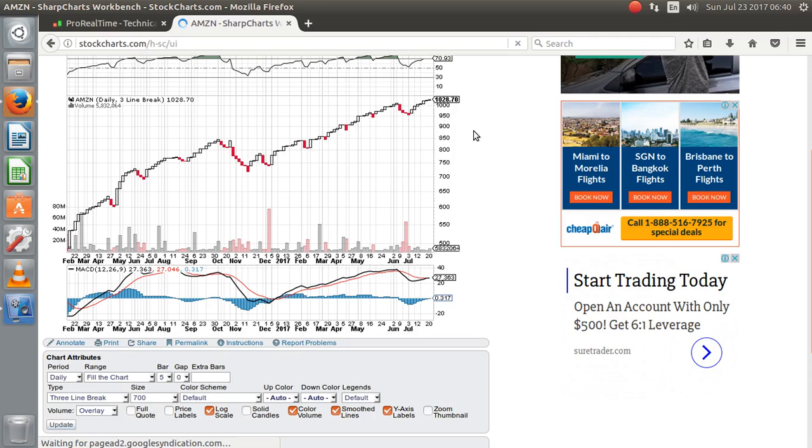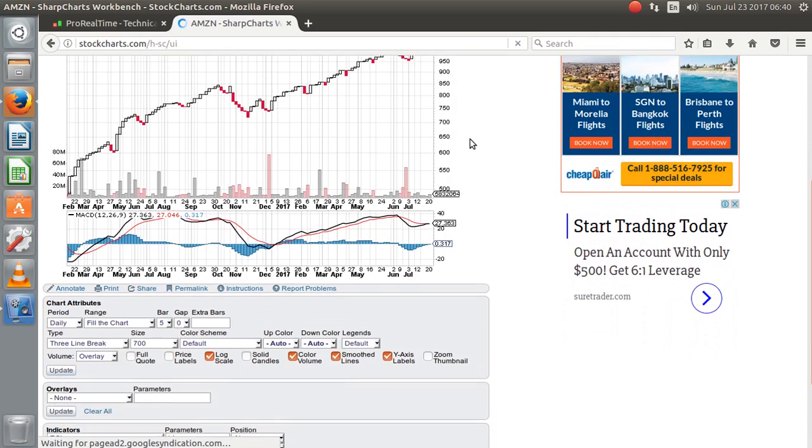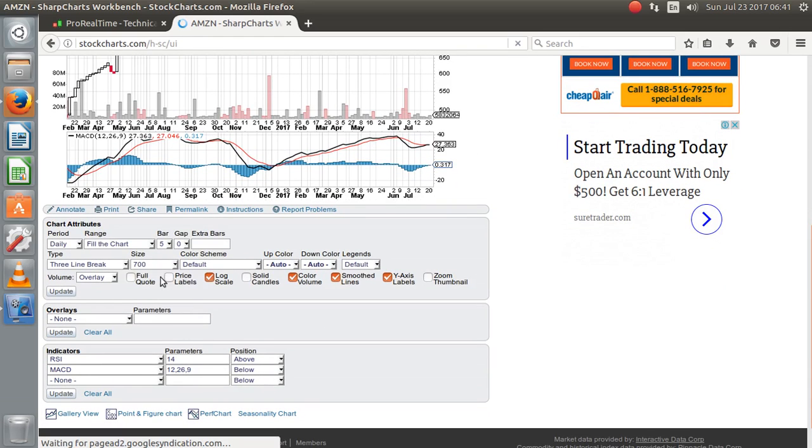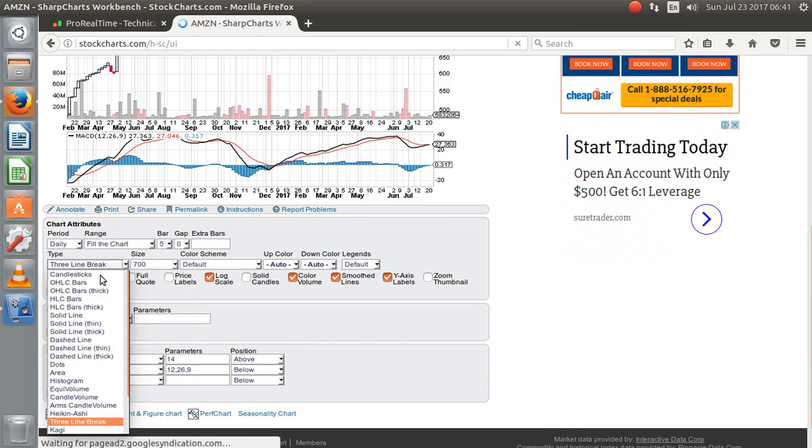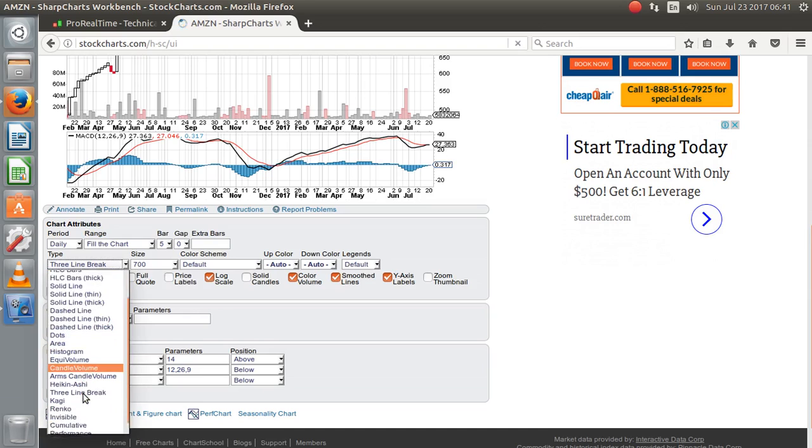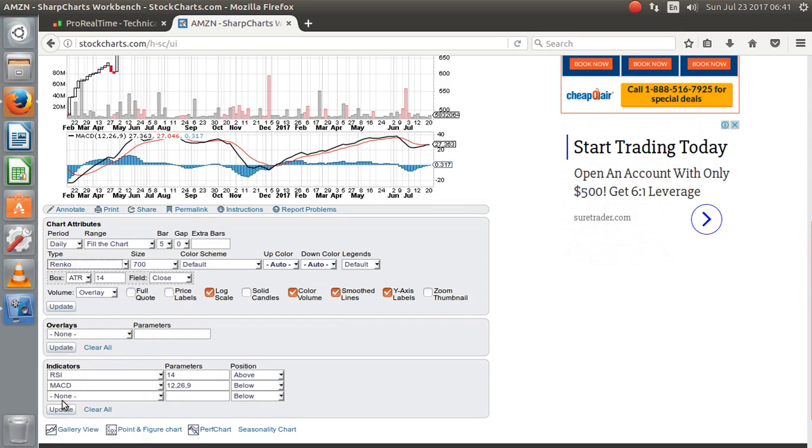Let's look at it using the Renko. And if you're not sure on the box size, you can use points, but you know, it's very subjective. People have a different idea of what box size to use.